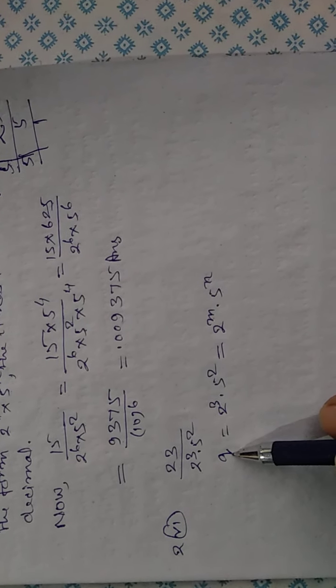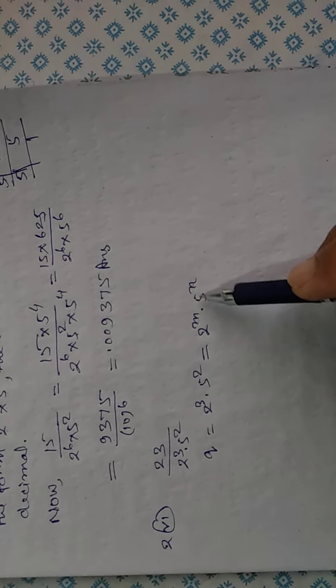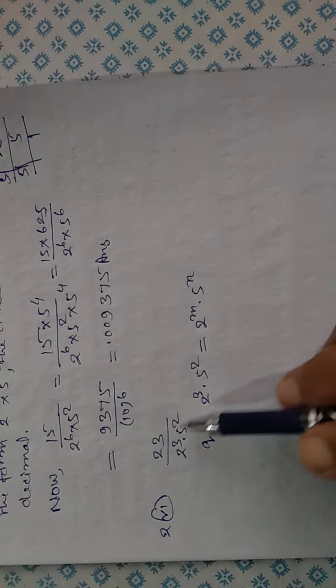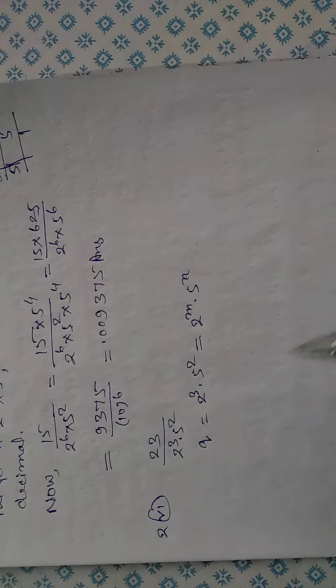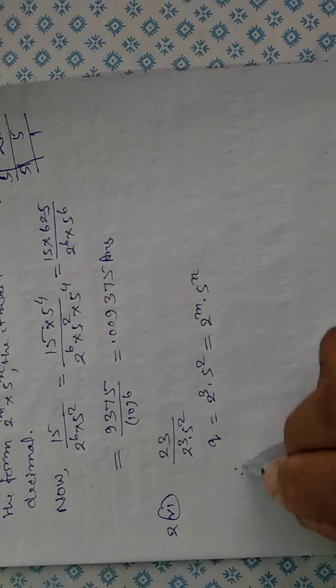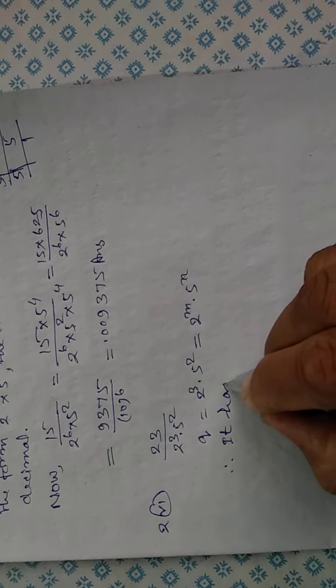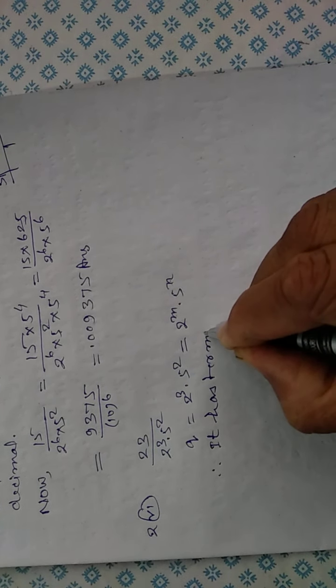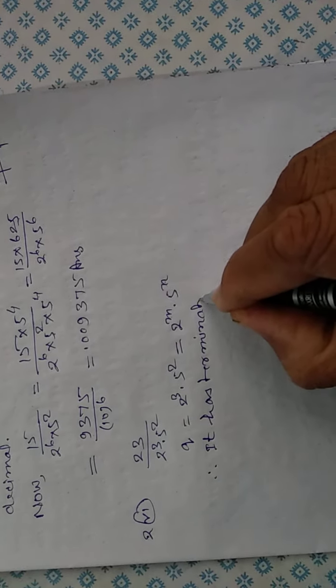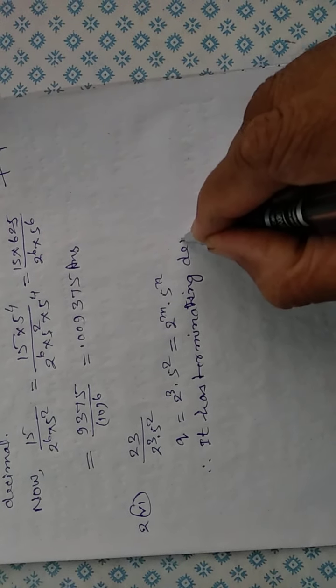That means this Q, its prime factorization is in the form 2 power m into 5 power n. Therefore, it has terminating decimal.